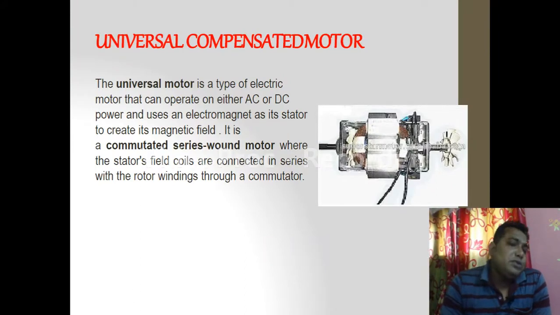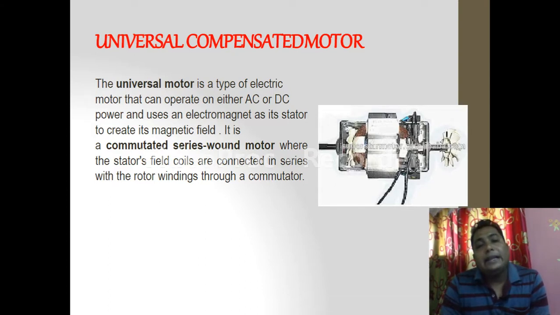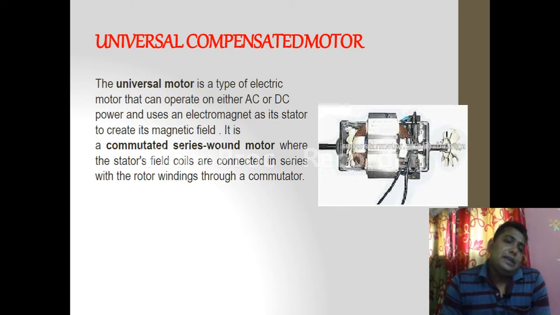Okay, so the universal compensated motor. A universal motor is a type of electric motor that can operate on either AC or DC power and uses an electromagnet as its stator to create its magnetic field. It is a commutated series wound motor where the stator's field coils are connected in series with the rotor windings through a commutator.